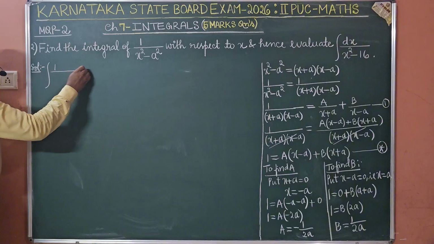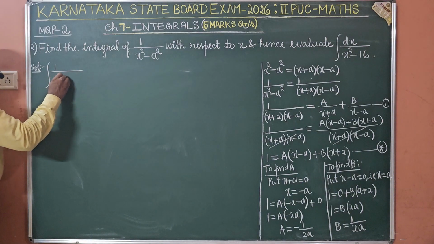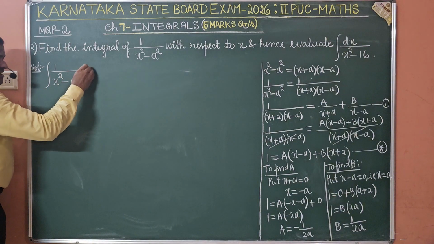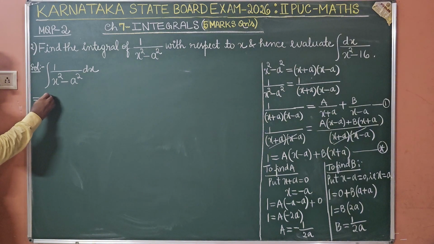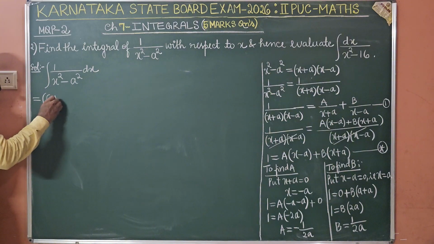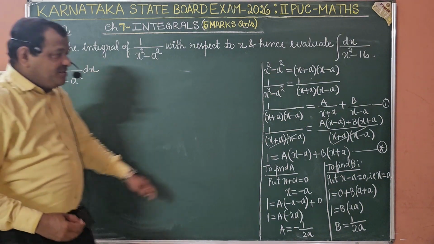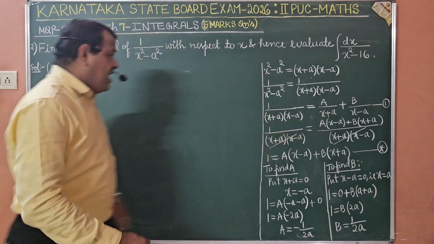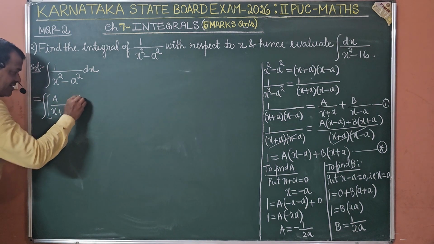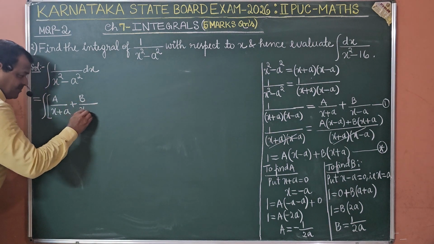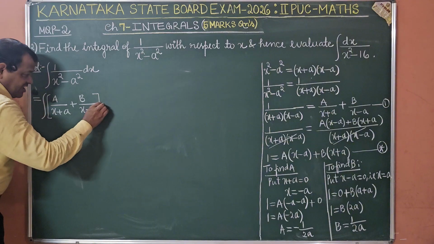Main side. Say, integration of 1 by x square minus a square dx can first of all be written as integration of, from equation 1, capital A by x plus a plus capital B by x minus a dx.